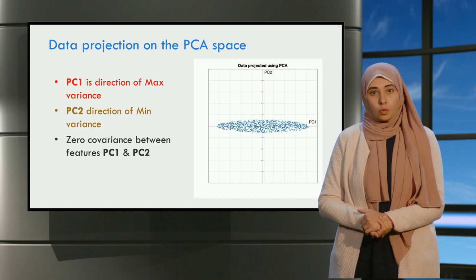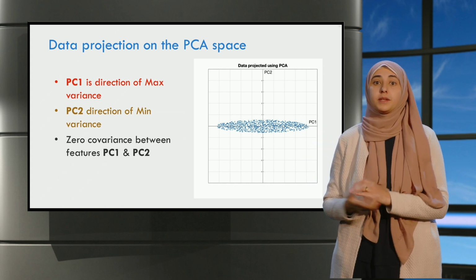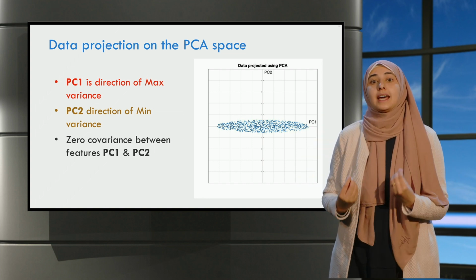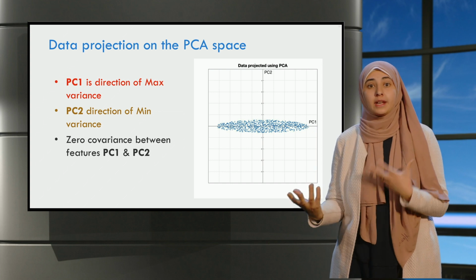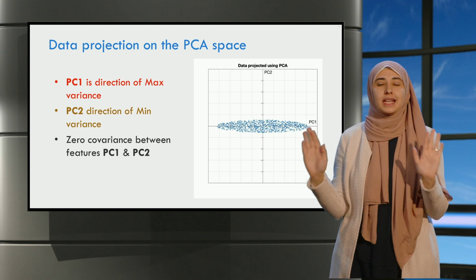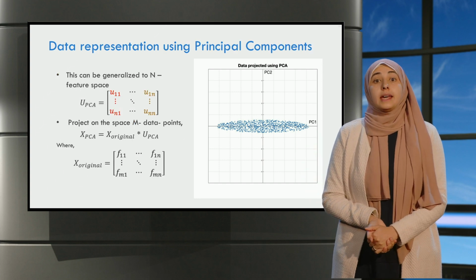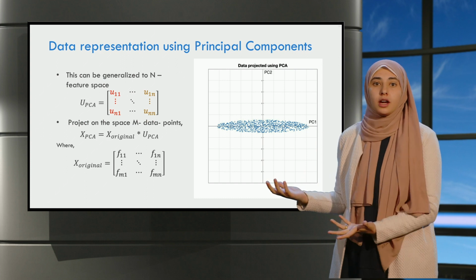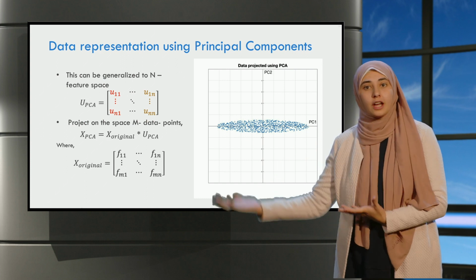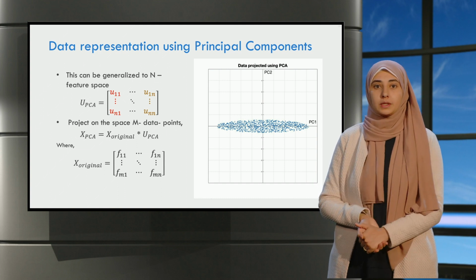Also, what we got as a plus from describing the data using PC1 and PC2 is that the covariance between PC1 and PC2 is 0. Therefore, PC1 is totally independent of PC2. Here we also show the generalized way to project n-dimensional data with m data points on the principal components.